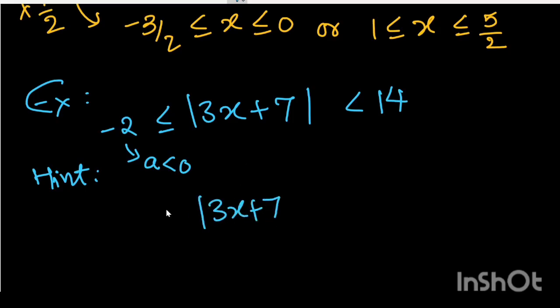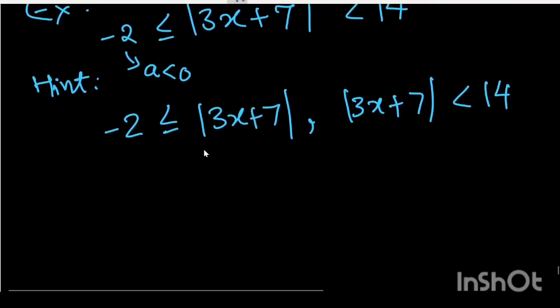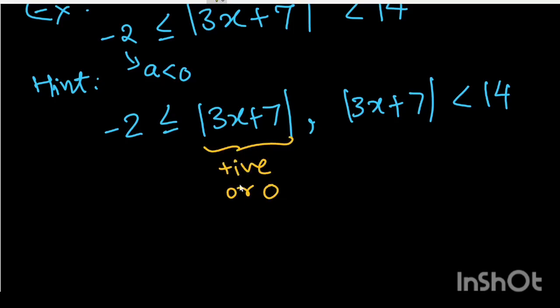3x plus 7 greater than or equal to minus 2 mod, which is represented by a comma, 3x plus 7 mod less than 14. Now this, we know, is an identity because this value is always positive or at the minimum 0, which will always be greater than minus 2.